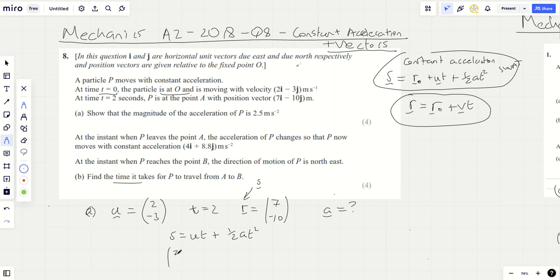And so 7, minus 10 equals 2, minus 3 times 2 plus a half times a times t squared, which is 4.